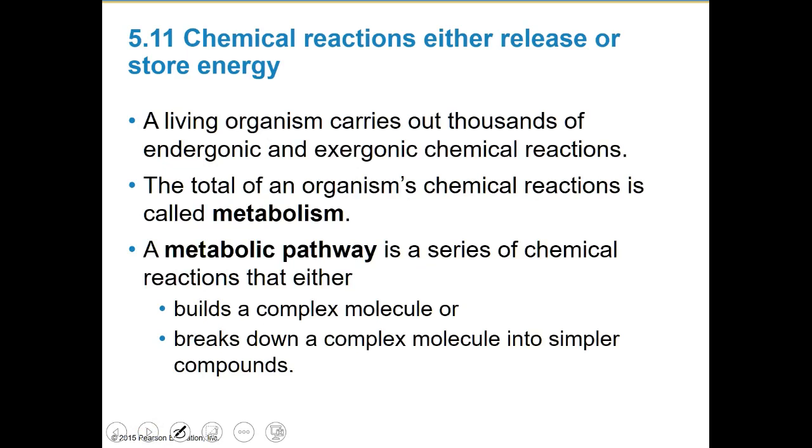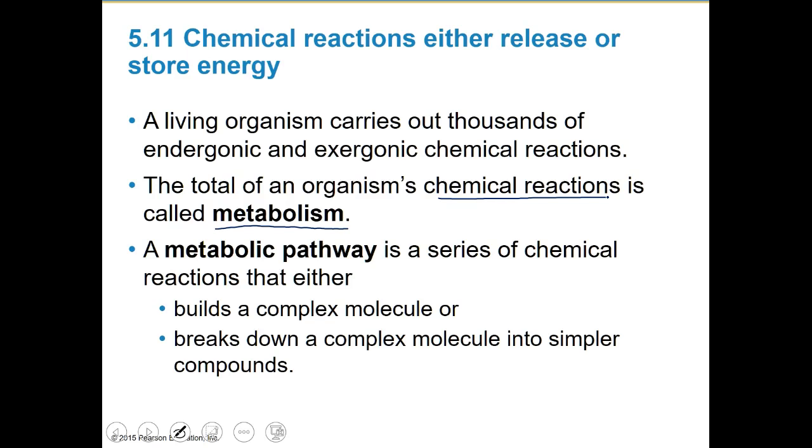All right. Oh, we can do this real quick. Okay, so a living organism carries out thousands of endergonic and exergonic chemical reactions, all going on together. The total of an organism's chemical reactions is called metabolism. Okay, that's all the exergonic, all the endergonic, all the chemical reactions going on in the body. Not that we think of, like if I move more and I do more stuff, that increases my metabolism.